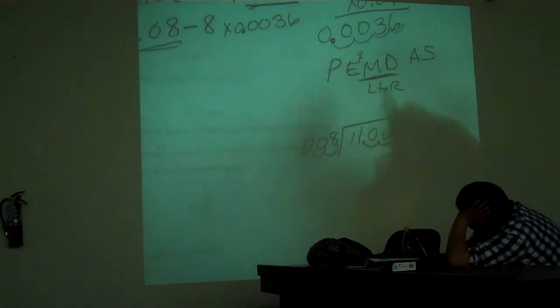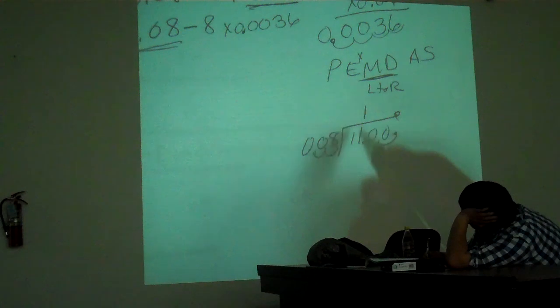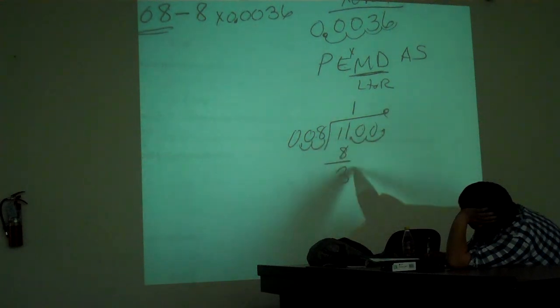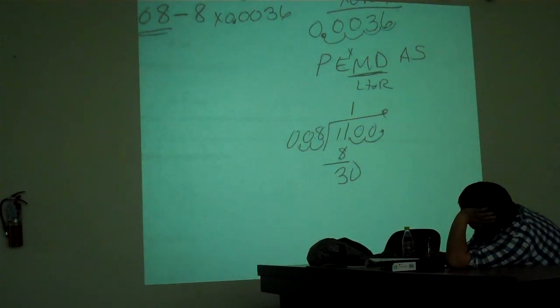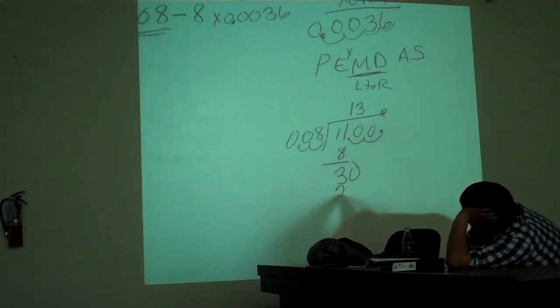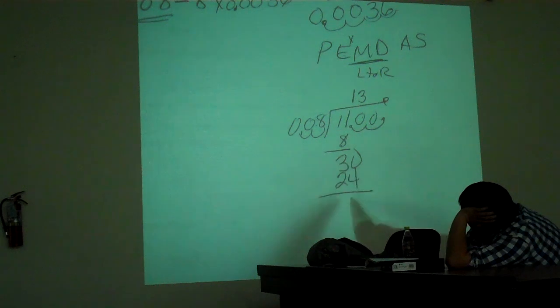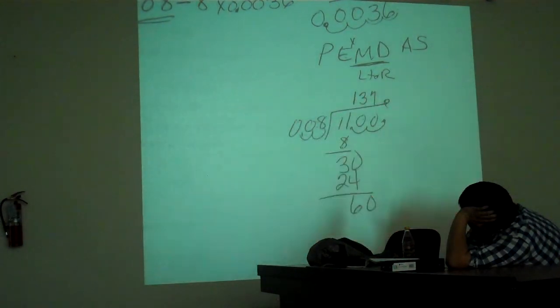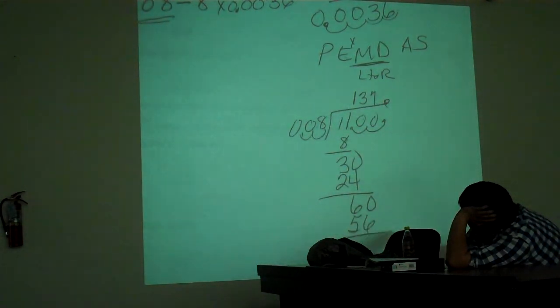8 into 11. 1 times 8 is 8. Subtract, you have a 3. Bring a 0 down. 8 into 30, 3. 8 times 3, 24. Subtract, you have a 6. Bring a 0 down. 8 into 60, 7. 8 times 7, 56.